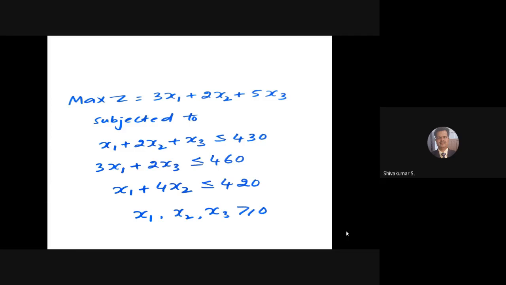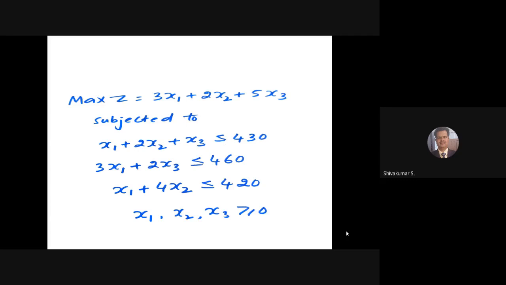So these are the constraints. x1 plus 2x2 plus x3 less than or equal to 430.